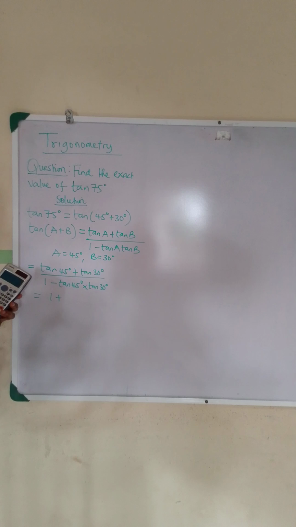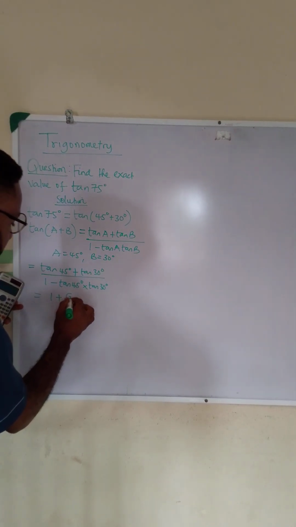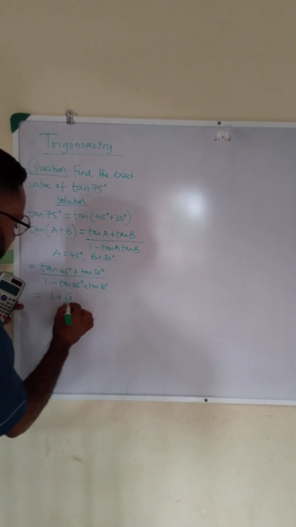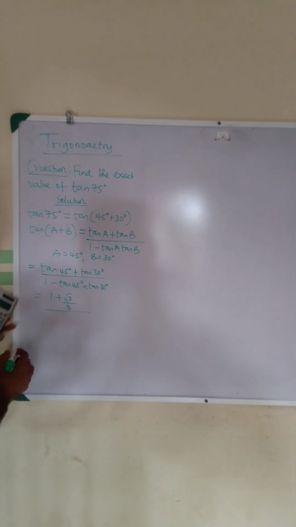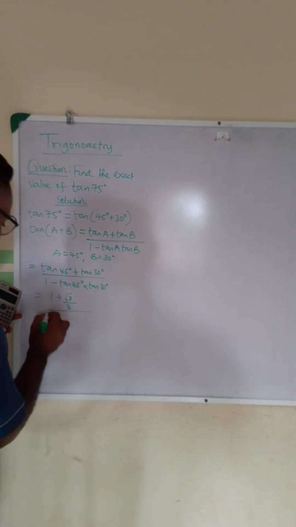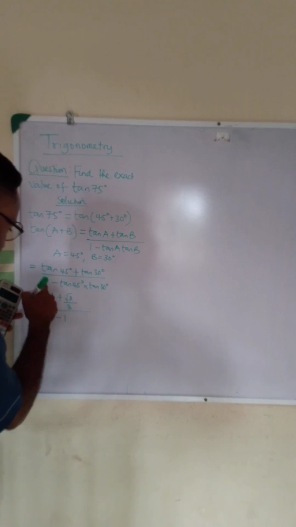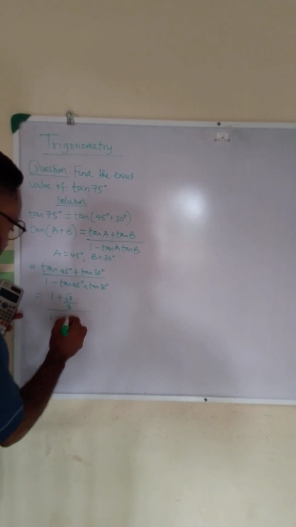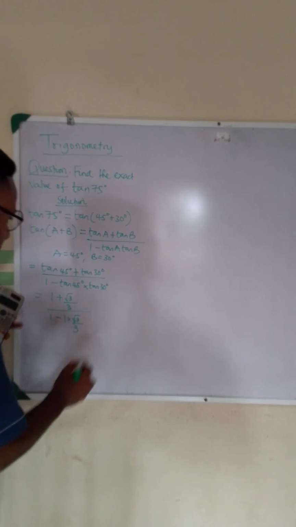Tan 30 is root 3 over 3, so this will be 1 plus root 3 over 3, divided by 1 minus tan 45, which is 1, times tan 30, root 3 over 3.